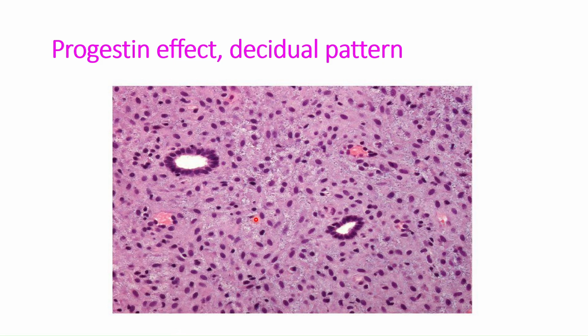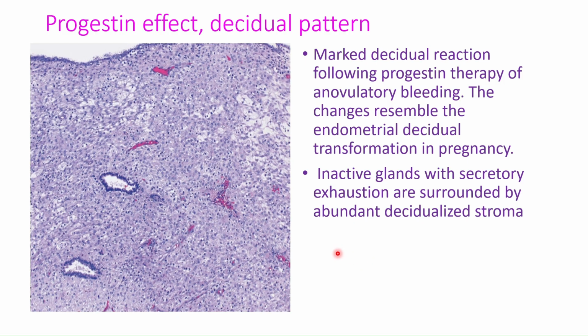So here, these are beautiful decidualized cells showing clear outline with abundant eosinophilic cytoplasm and round, oval, enlarged nuclei. Glands here are atrophic with little cytoplasm and cuboidal epithelium. Again, decidualized stroma, edema is there, and the glands here have an inactive appearance with secretory exhaustion.